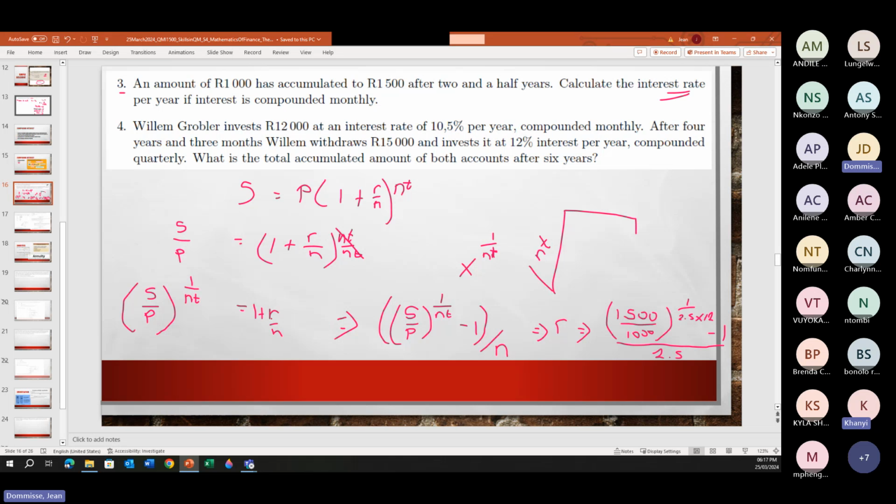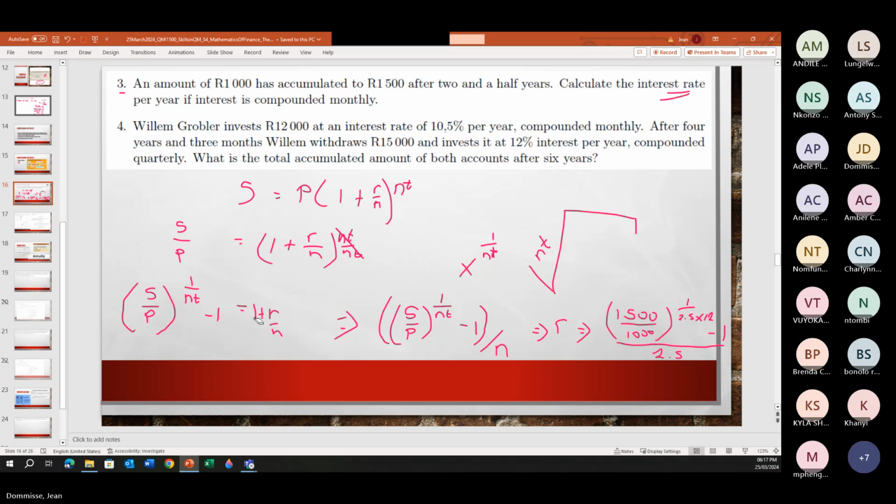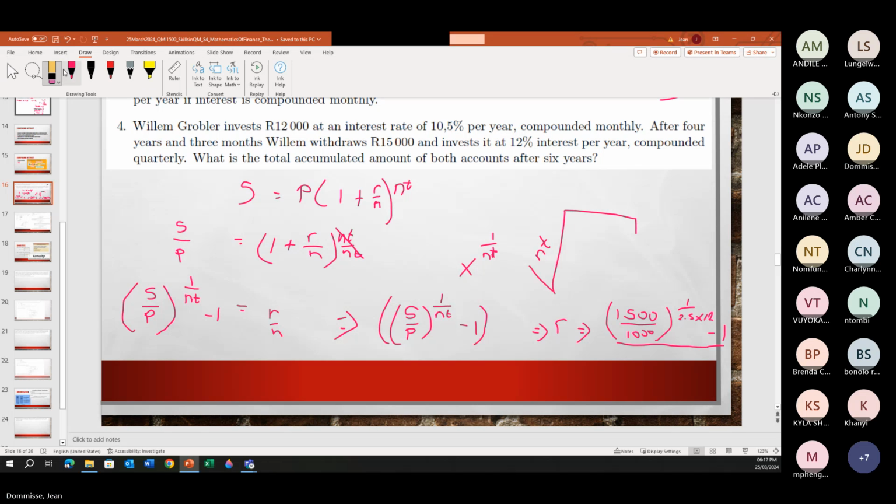So we've got the 1 plus r over n, so we took the minus to that side. So that is what we had. Then, okay, thank you for that. Actually, it's not divided by n, it's times n.